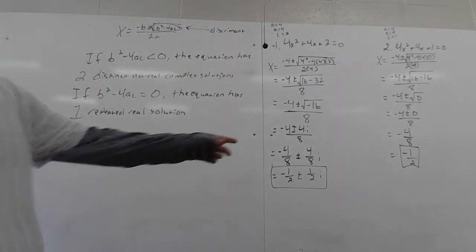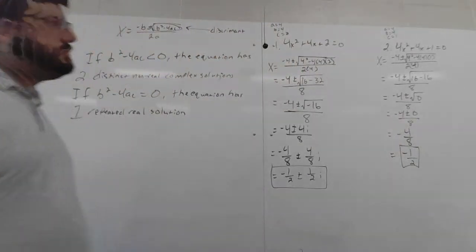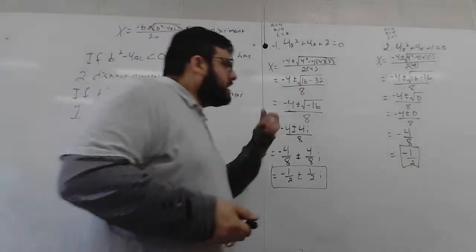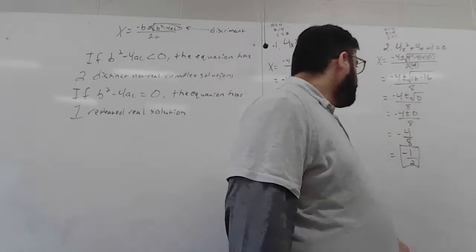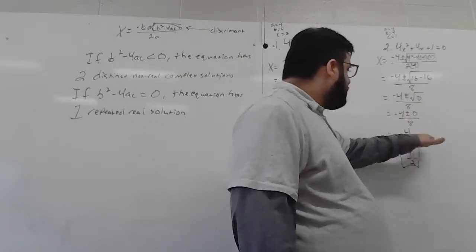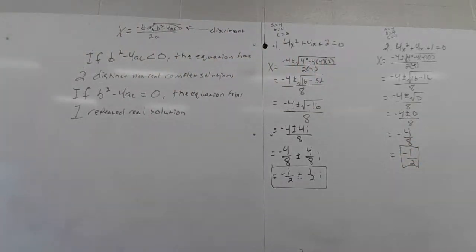And you saw it here. The square root of 0 is 0. And -4 plus 0 is the same as -4 minus 0. Technically, there are two solutions, but they're the same number. That's why I didn't write it as two separate ones, because it ended up being the same number. -1/2 is the solution for it, but it's repeated.